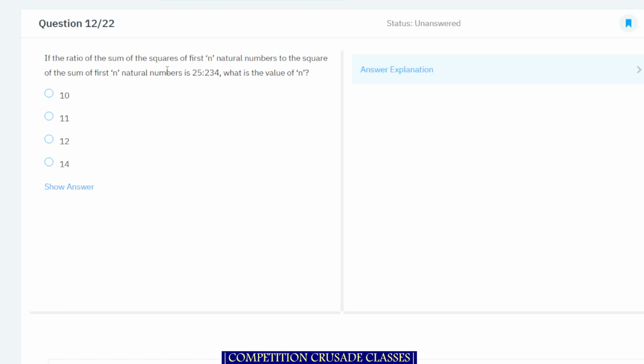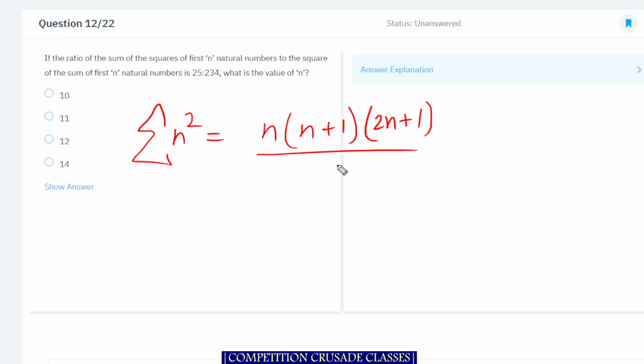If the ratio of the sum of the squares of the first n natural numbers and the square of the sum of the first n natural numbers is this. I'm not going to solve this one, but I'm going to give you the idea. The idea is pretty simple. This is the special sequence: sigma n square is n into n plus 1, into 2n plus 1, divided by 6. Please understand, this is standard.